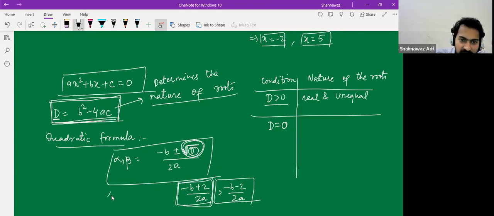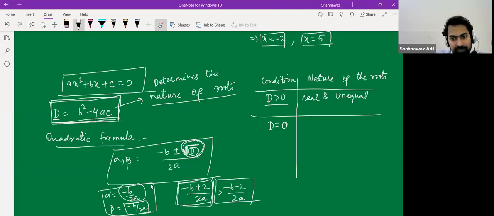So alpha would be minus b by 2a plus 0, and beta would be minus b by 2a minus 0. So for D equals 0, b is real, a is real, so the roots are real.